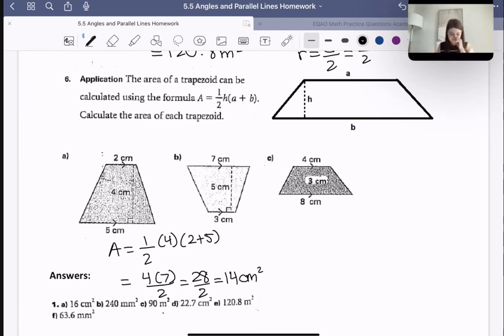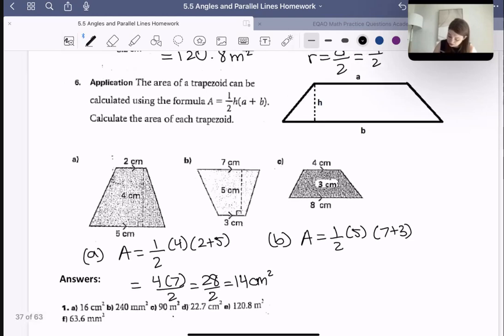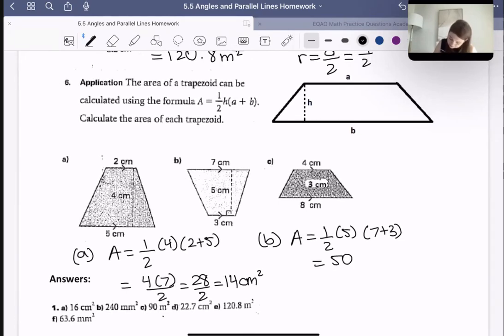Awesome. All right. Then we have b. b is that the area is equal to 1/2 times 5 times 7 plus 3, which is going to be 50 over 2, which is 25 centimeters squared. Awesome. Okay.